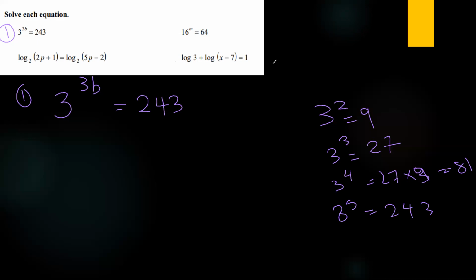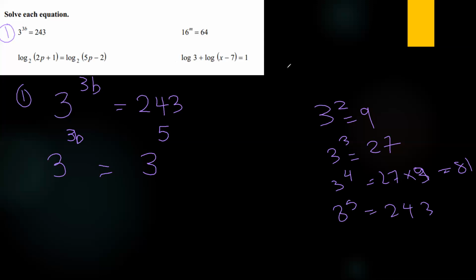So to find the variable b, I need to make them have the same base. 243 is 3 to the power 5. And on the other side, we have 3 to the power 3b. So the first step, I rewrite 243 as a base raised to a power.